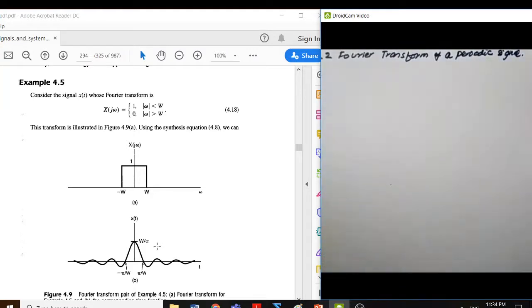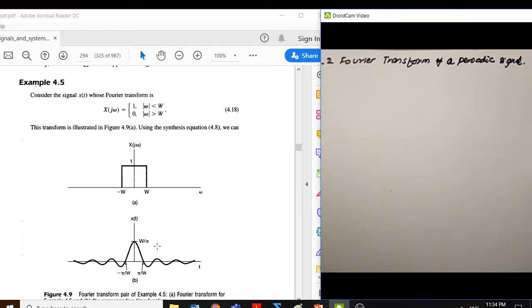Now, when the concept of Fourier transform was introduced, we proceeded by starting from the Fourier series, and we extended the concept of Fourier series by making the periodic signal an aperiodic one. So somebody might think that Fourier transform is probably used for aperiodic signals only. However, this is not true.